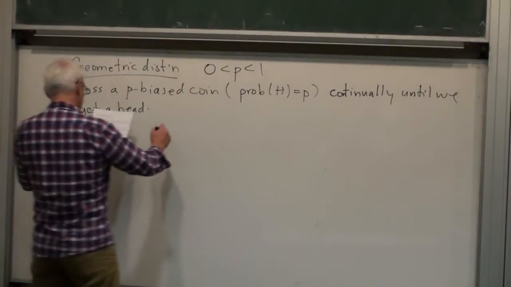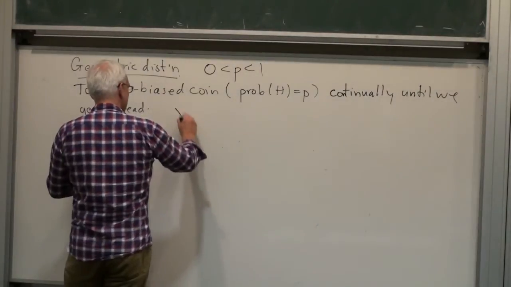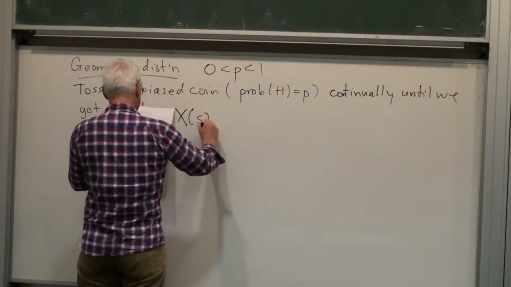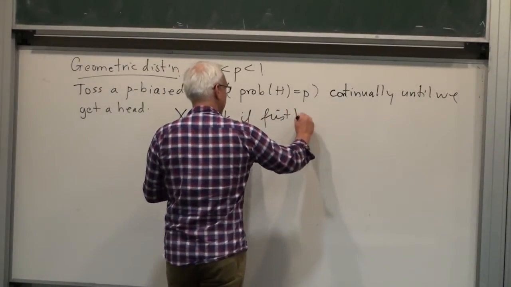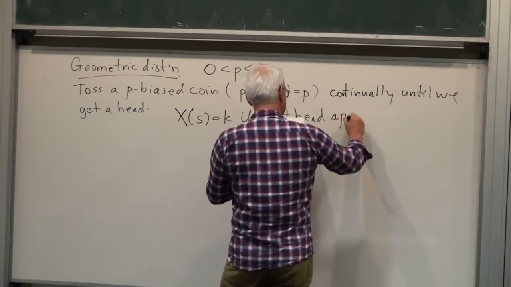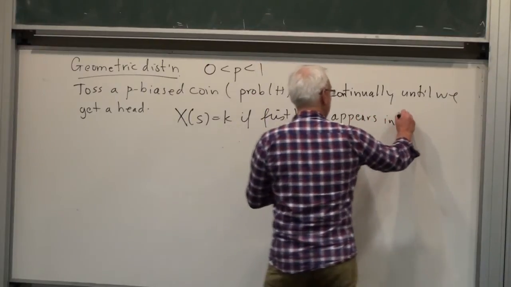All right, so the random variable is X(s) equals k if the first head appears in the kth position.